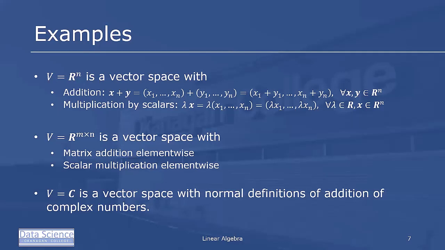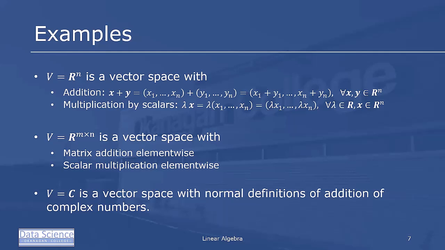Here are a couple of examples. If our vector space V equals R^n, so n-dimensional vectors with real entries, and we take normal component-wise addition and normal scalar multiplication, then R^n is a vector space.